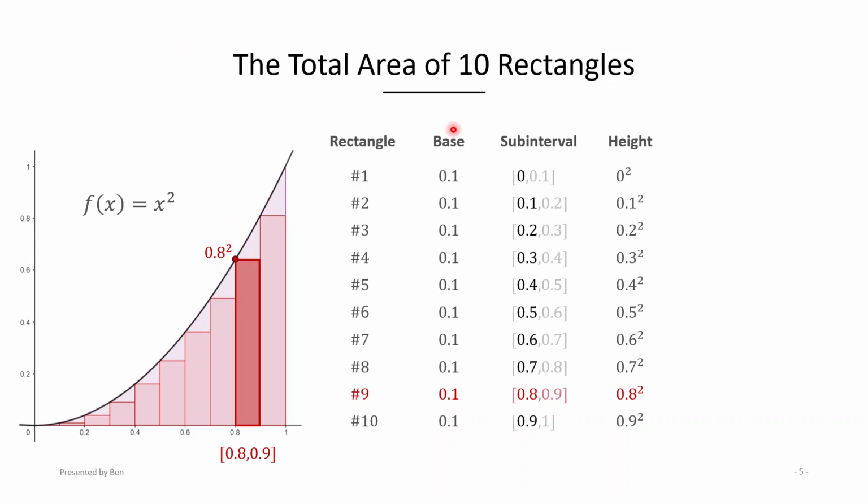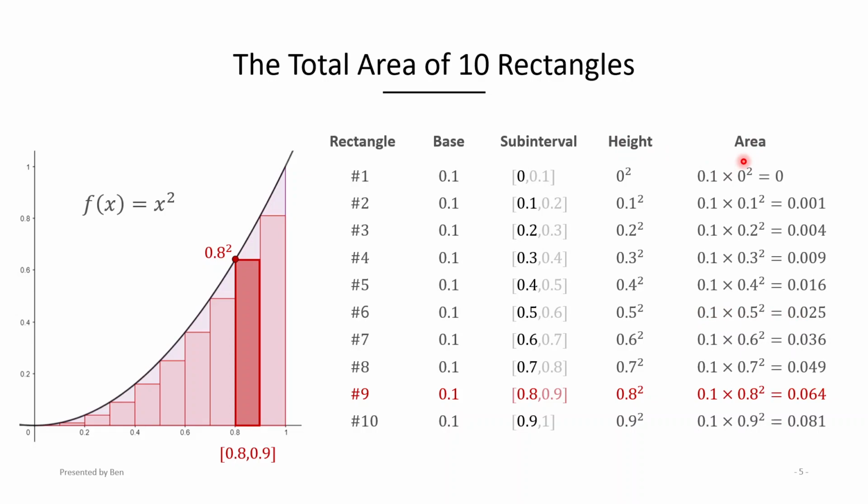So with the base and height, it's very easy to do the area, right? We just take the product of them. For the first rectangle, its area is 0.1 times 0 squared. It's still 0. And for our red rectangle, it's 0.1 times 0.8 squared.